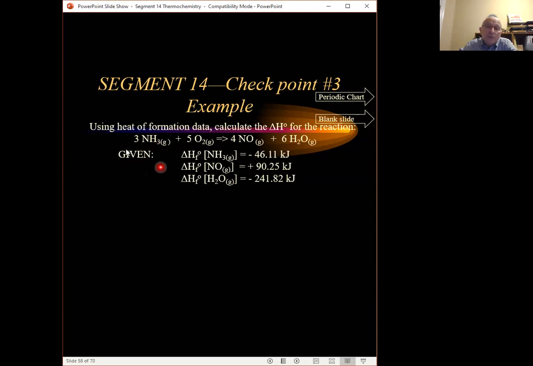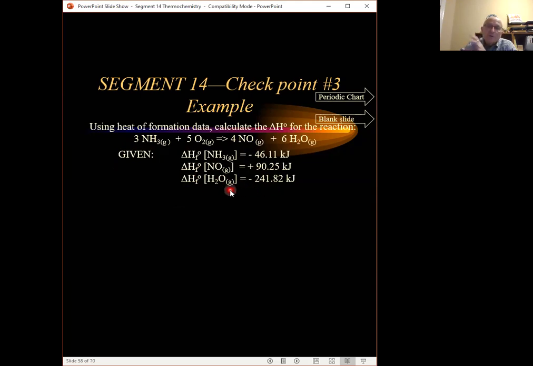And the way we get the heat of reaction, it's the heat of formation of the products minus the heat of formation of the reactants. So here's the heat of formation of ammonia. That's a reactant. It's negative 46.11 kilojoules. The heat of formation of NO is plus 90.25 kilojoules. Heat of formation of water as a gas is minus 241.82.